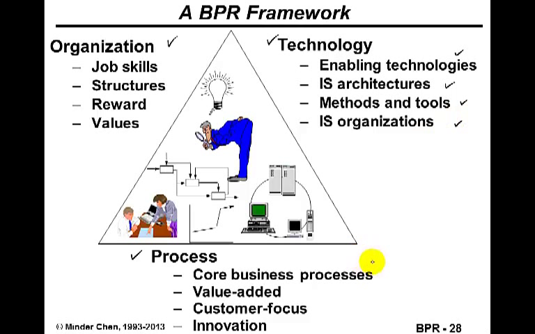On the process side, we focus on the core business processes which add value. Most of those processes will probably be customer-facing processes. And it certainly will be very useful to bring innovation into our redesign process.